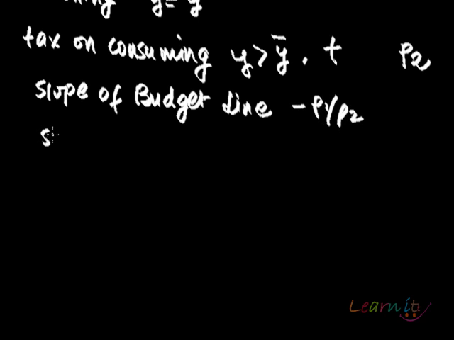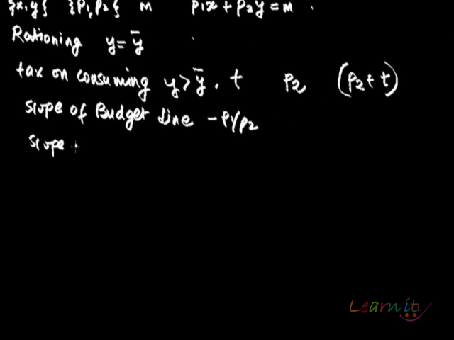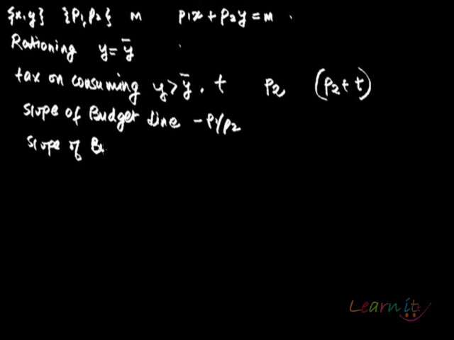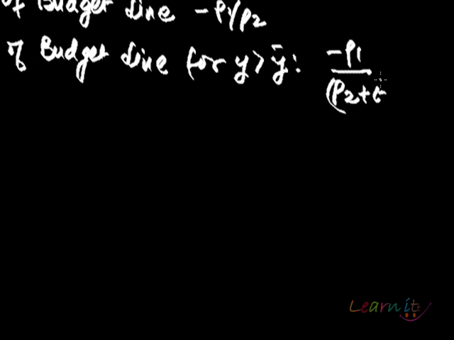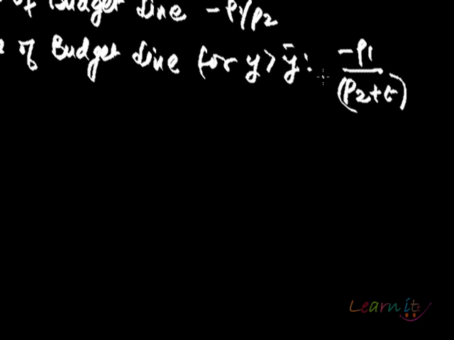Now what is the slope of the budget line for Y greater than Y bar? For Y greater than Y bar, you will be paying minus P1 upon, now the price is P2 plus T. So what will happen? That is, this slope has actually decreased. It has not increased. Fine, so it has decreased.